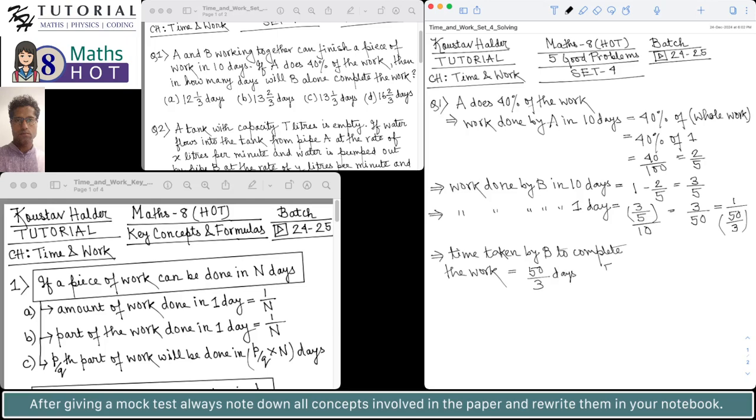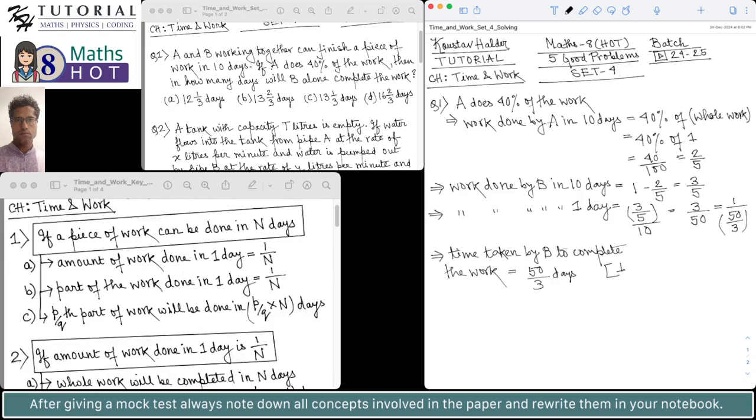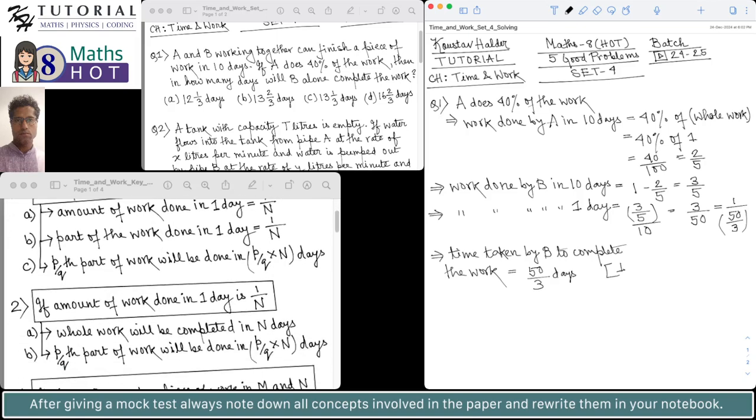This is based on the concept that if you know the work done in 1 day is 1 by n, then the whole work will be done in n days. The concept applied at this step is concept 2a.